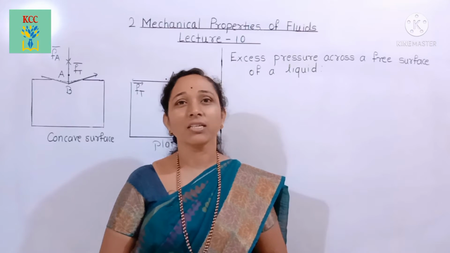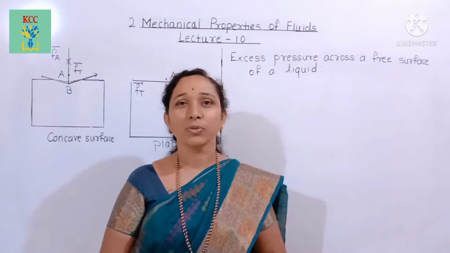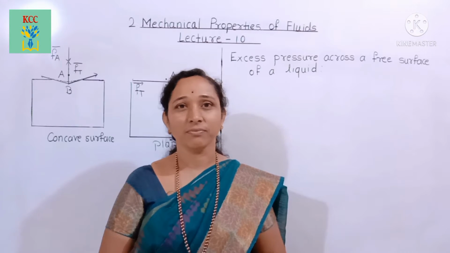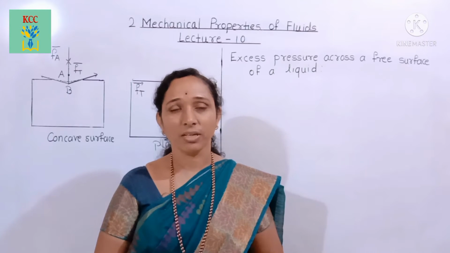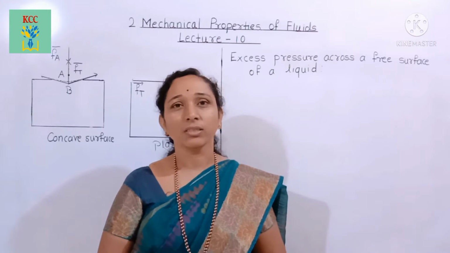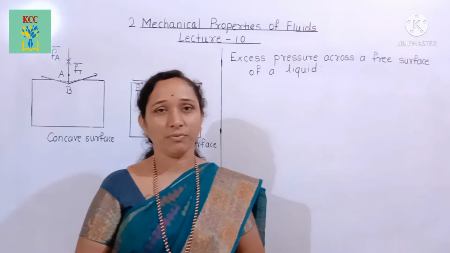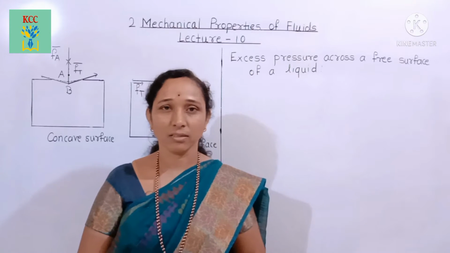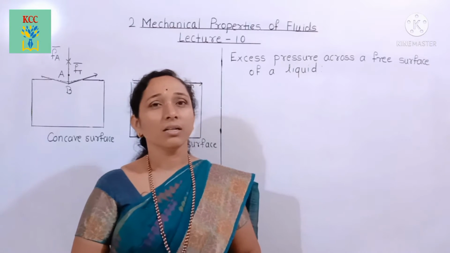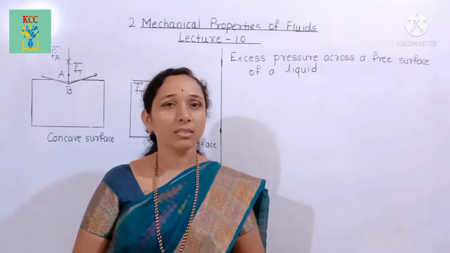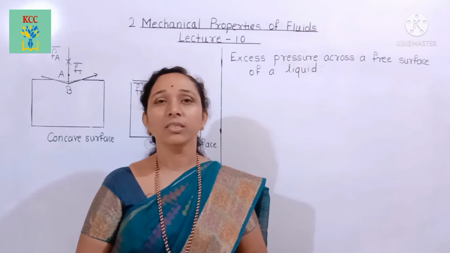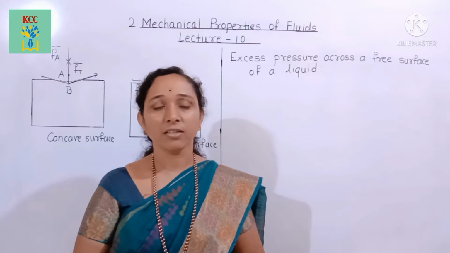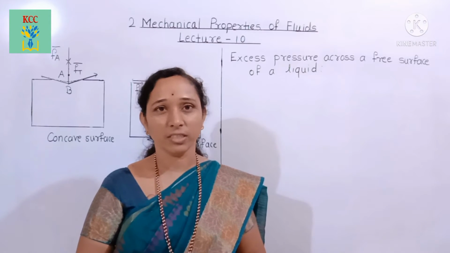The direction of the resultant force due to the surface tension acting on a molecule of a liquid surface depends upon the shape of a liquid surface and meniscus. Here also, this resultant force contributes in deciding the pressure just below the liquid surface.